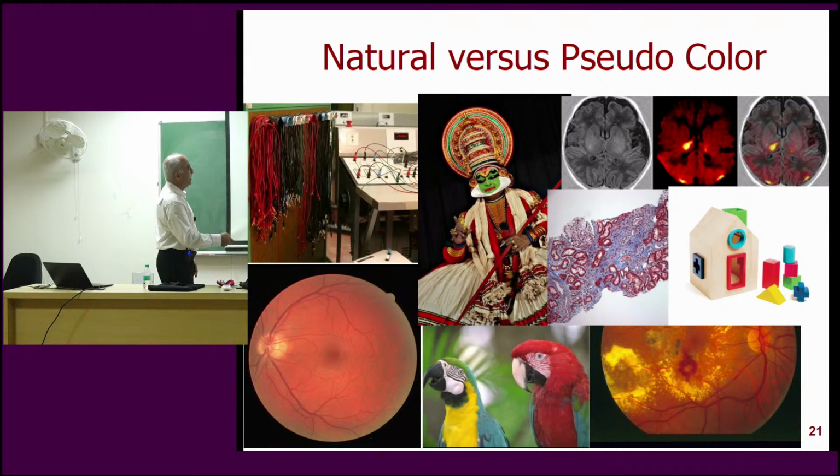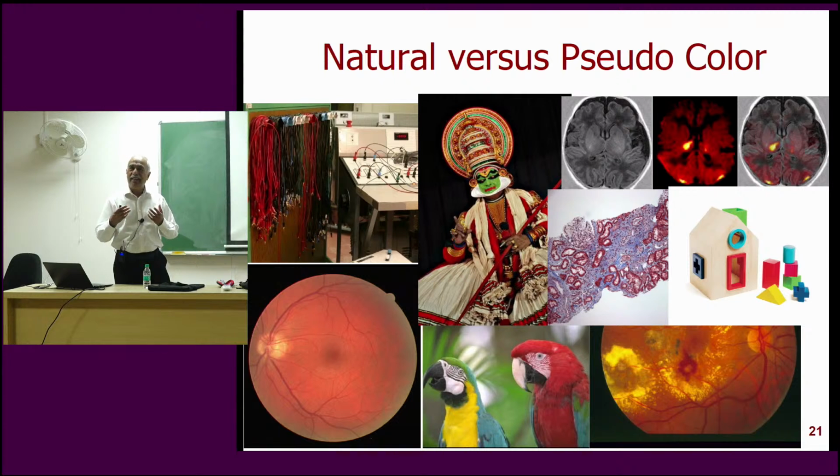Or some toys for visual matching of objects for babies and children to learn about color. Retinal image, this is natural. The palettes, that is natural. In retinal images also, color can play important roles when there are exudates that are bright, not necessarily always white, yellowish.